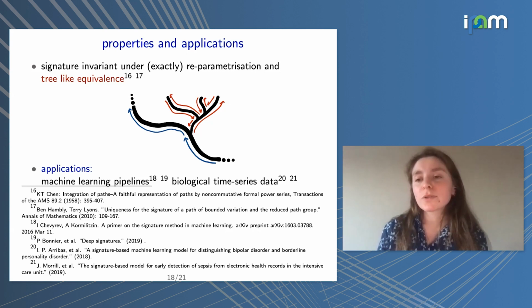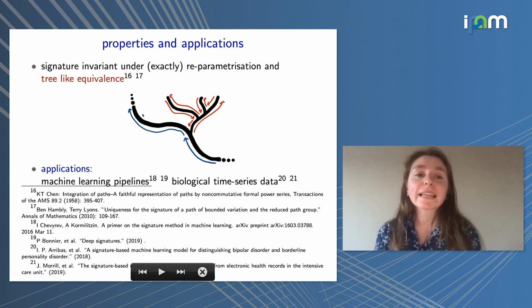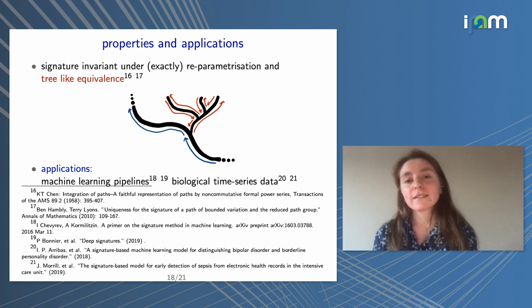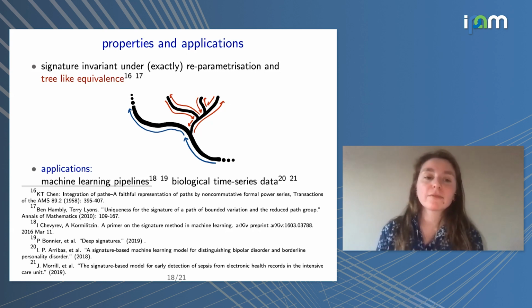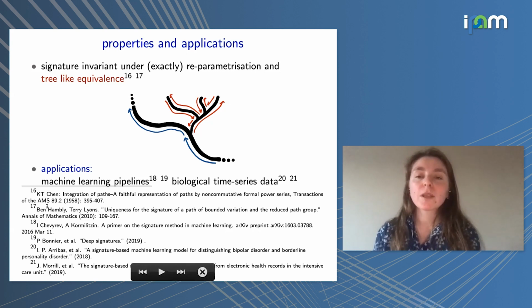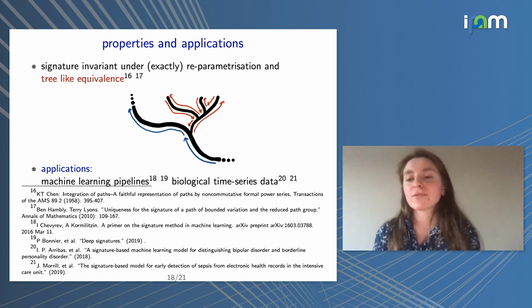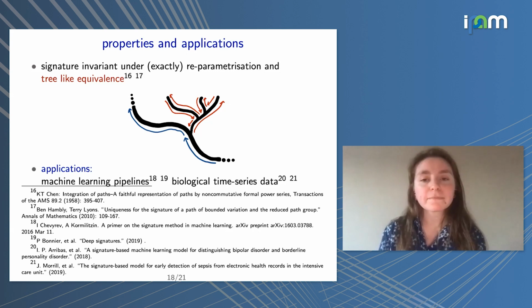And also, if one path differs from the other by a tree-like piece, so this picture describes what a tree-like piece is, then again, the signature won't notice that difference. And in fact, this is known to be if and only if in original work by Chen and later by Hambly and Lyons, where you can characterize exactly when two paths will have the same signature.